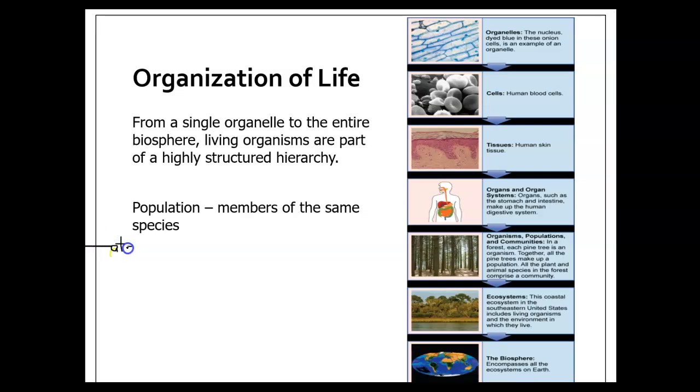But if we were to make a list from the simplest or smallest level of organization, we'd start with the atom. That's atom. And then atoms are grouped together into molecules. And then large molecules, small molecules can form large molecules, but we'll just leave molecule as the next level of organization.